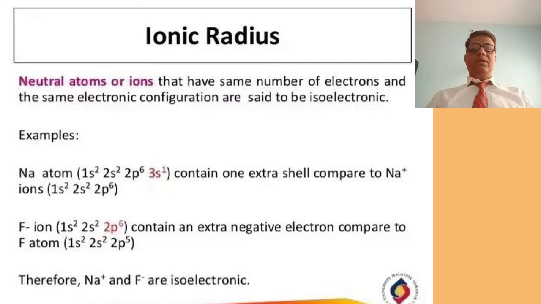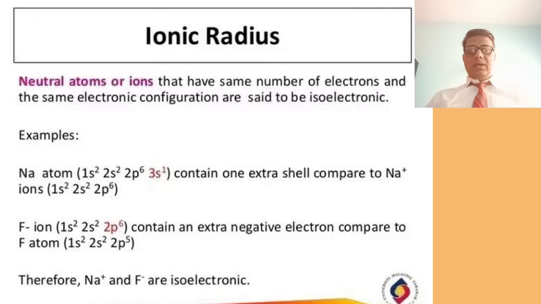Dear students, in this lecture we saw the concept of effective nuclear charge and shielding effect, and how they affect different properties like atomic radius, ionic radius, ionization enthalpy, electron gain enthalpy, and electronegativity.